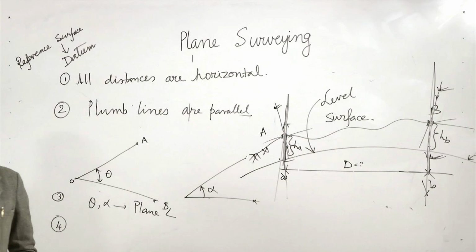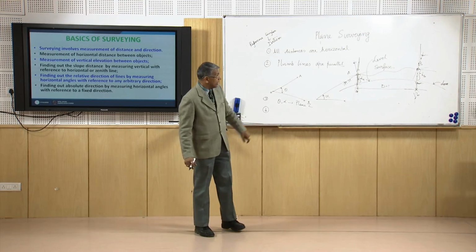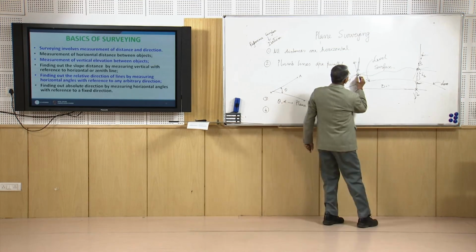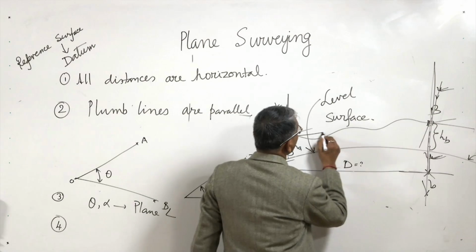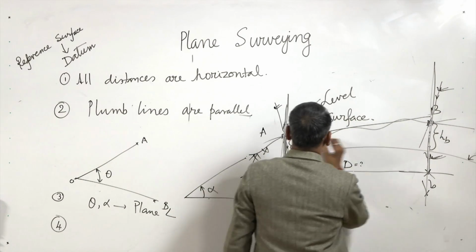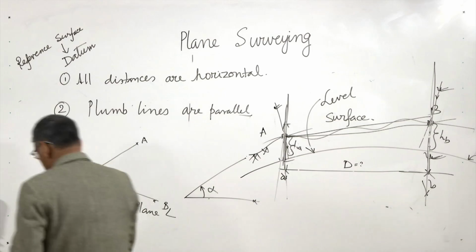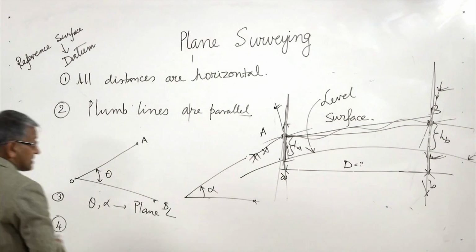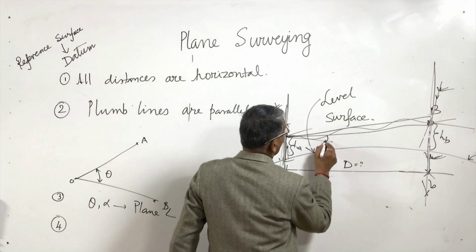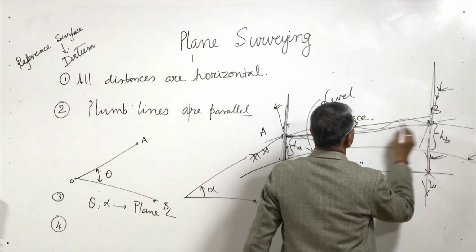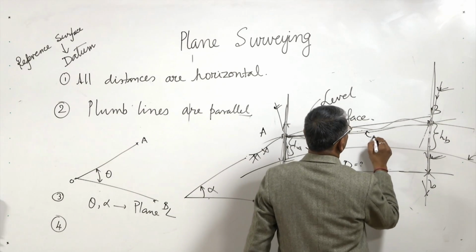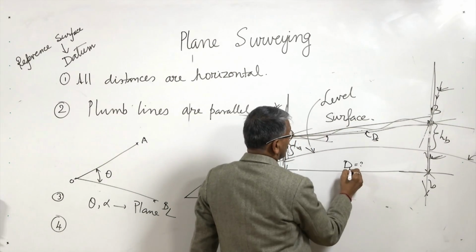That is what we would like to measure. What is the slope distance? If I join them with an inclined line, that is the slope distance, and this is the horizontal distance.